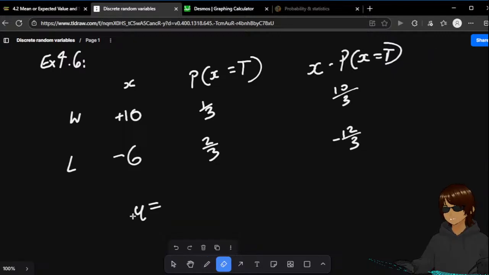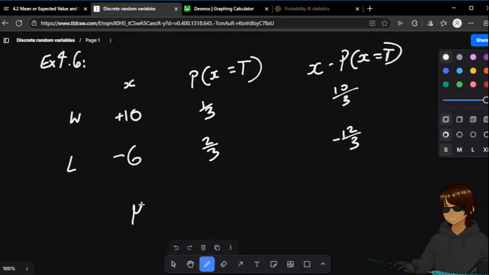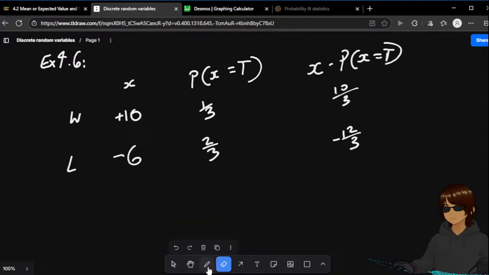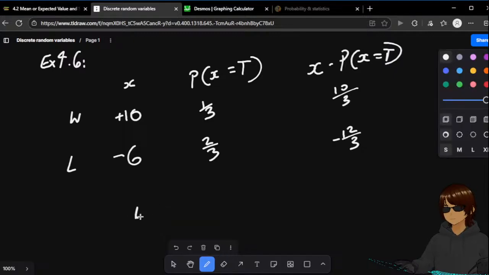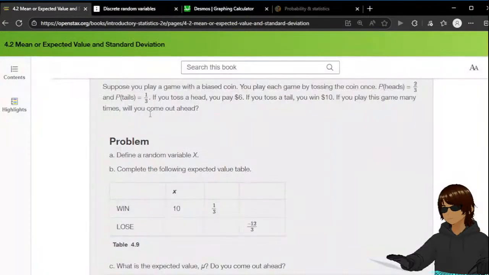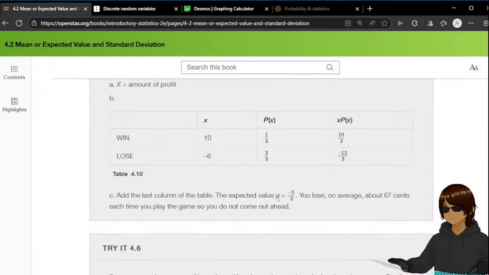So the mu, how should I write mu? Is it written like this? It looks like m. Mu is this plus this. So you shouldn't play this game. On average, you lose about 67 cents each time you play the game.